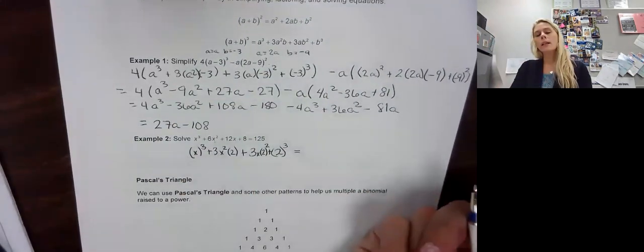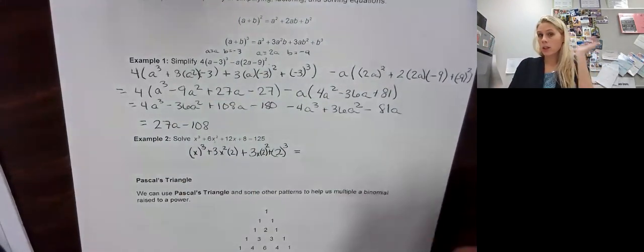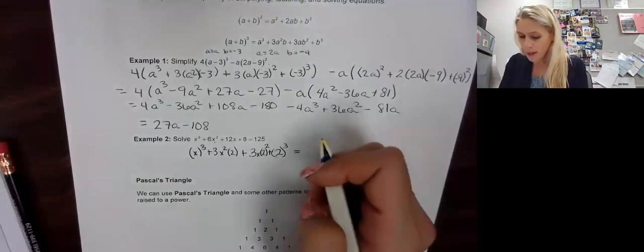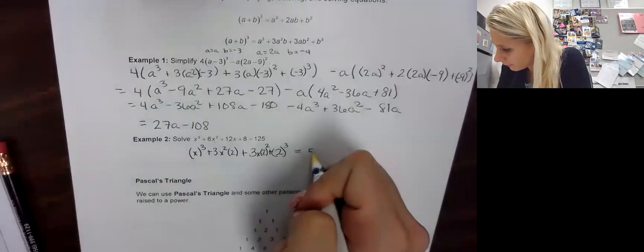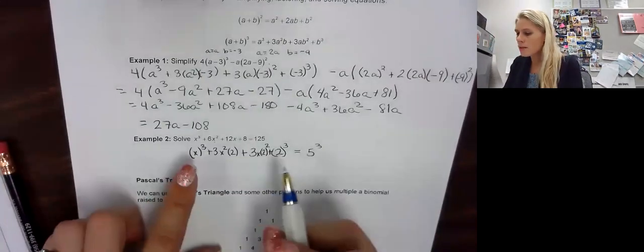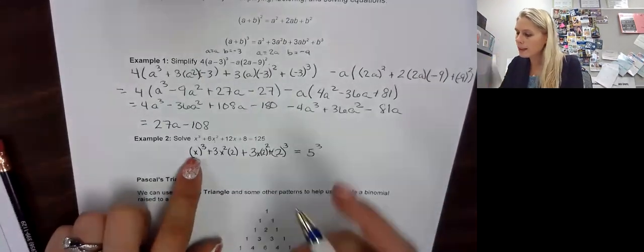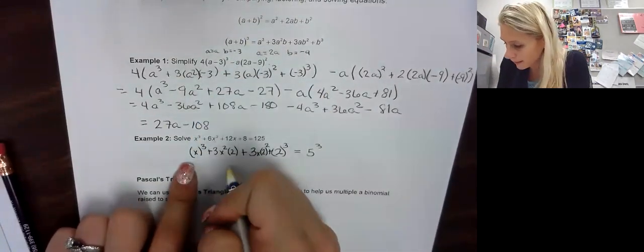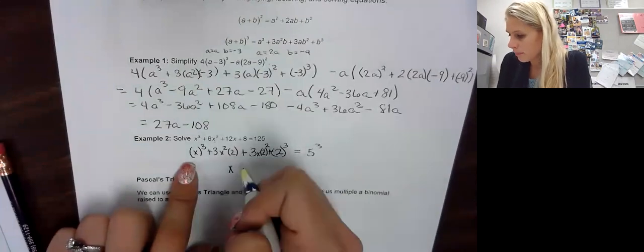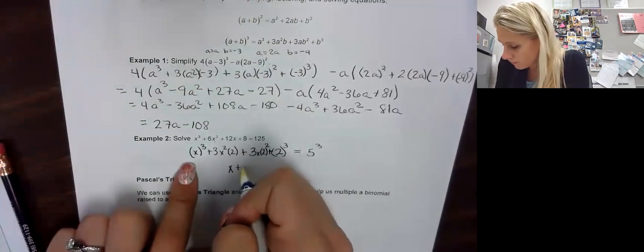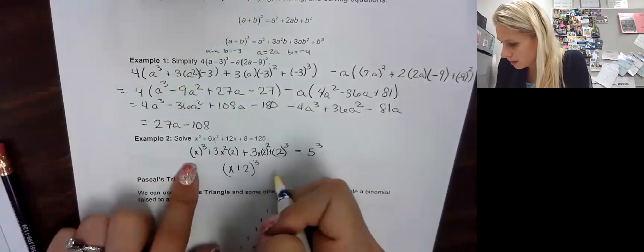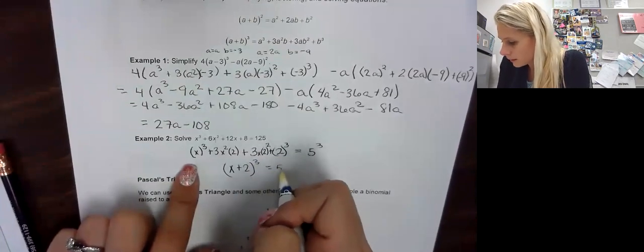Now, if we're talking about cubic in general, let's talk about 125. What is the cube root of 125? Well, it is 5. So now that we know this is our cubic, we can go backwards and say (a + b) cubed. Well, again, what was our a? x. Our b was 2, and that is cubed. Now we can solve.